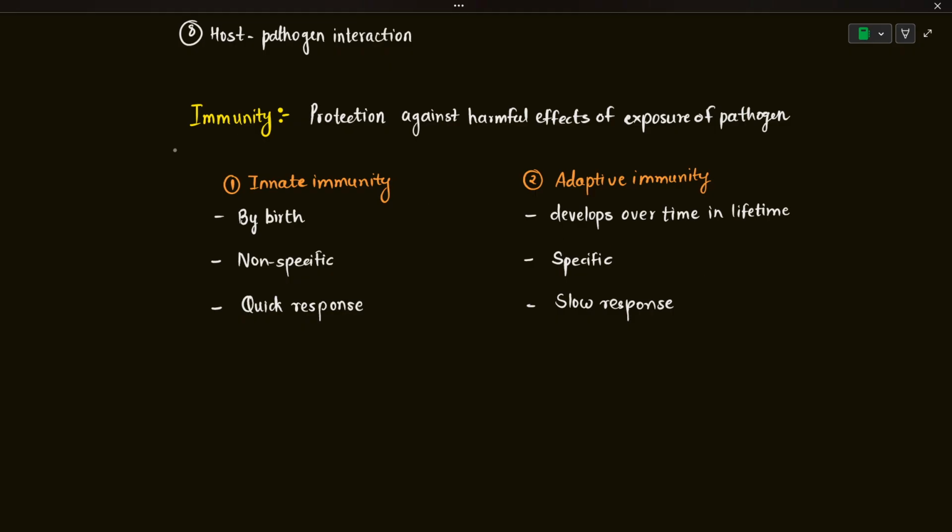A toddler, no matter which type of person or object it sees, is going to react in a certain way, let's say it is going to be amused. So it is non-specific, right? On the contrary, the teenager will behave in a very specific way.